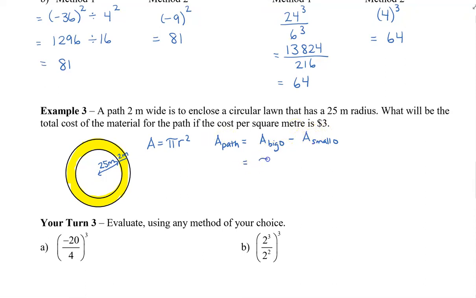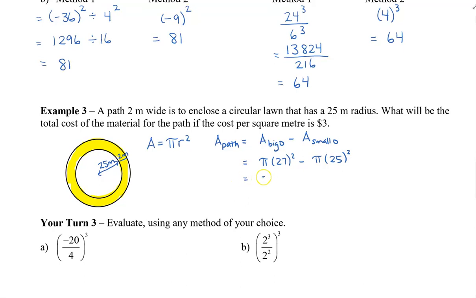So we have pi times the big circle, and the big circle is going to be 27 squared, because we need to add the radius of the smaller inside circle plus the 2 for the path, and then we're going to minus pi times the smaller circle, which is 25 squared.